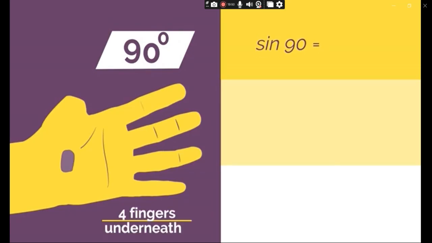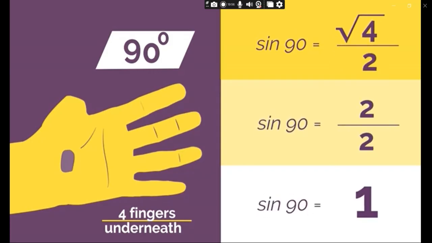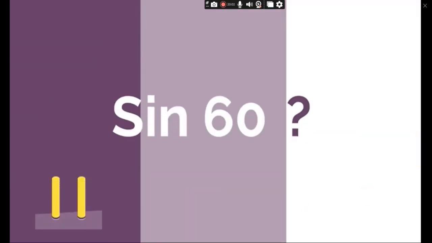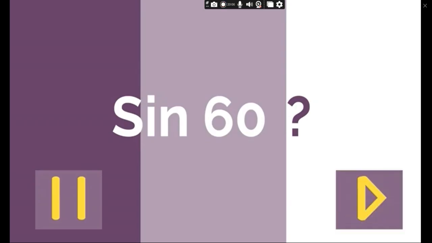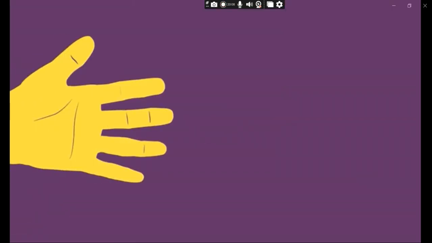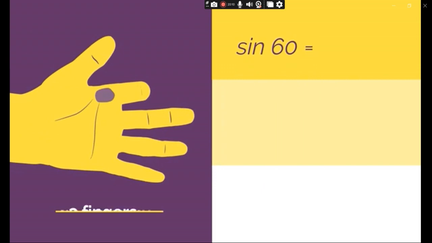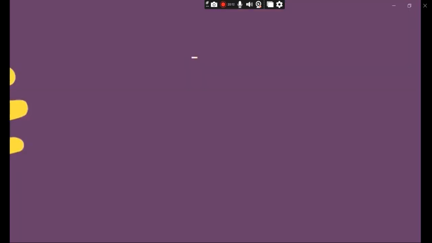So sine 90 is square root of 4 divided by 2, which simplifies to 1. What would sine 60 be? Work out the answer and click to check. Did you get square root 3 divided by 2?